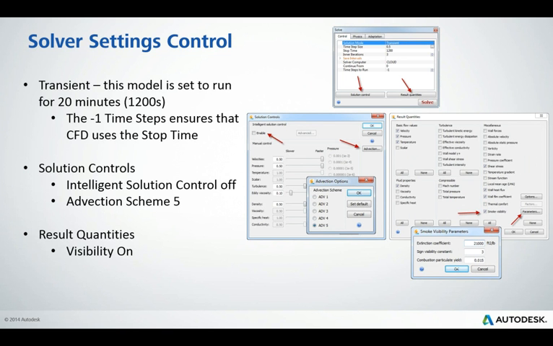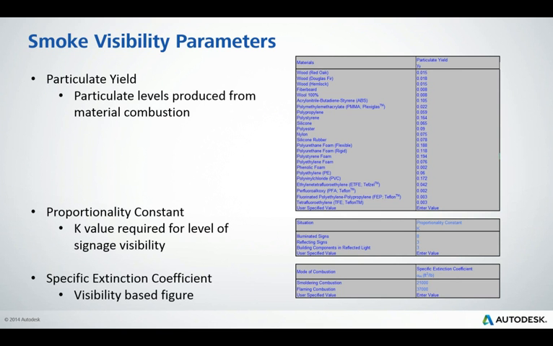There are 3 parameters here, and I've given a few examples of what those numbers can be on the next page. They depend on what's burning. They depend on the types of signage that you have in the building, so whether they're illuminated or reflecting, and they also depend on the type of combustion.